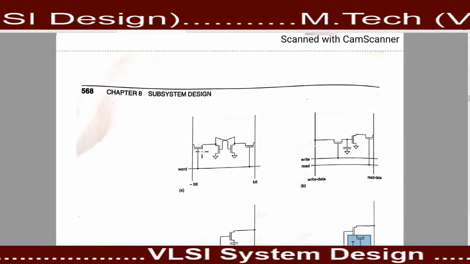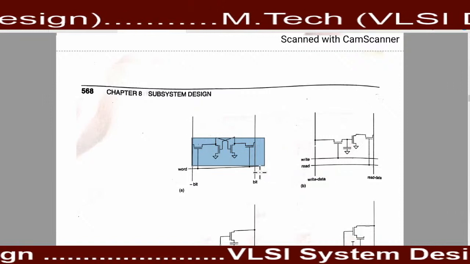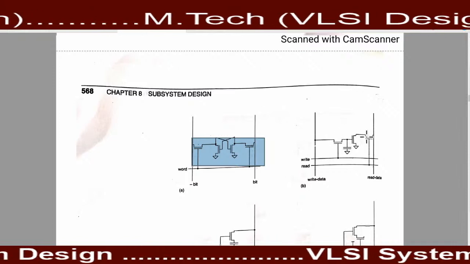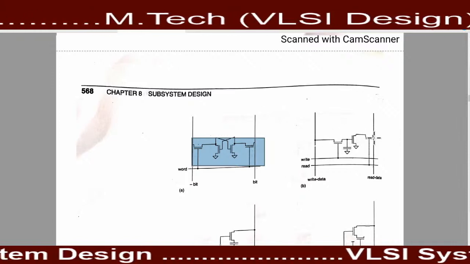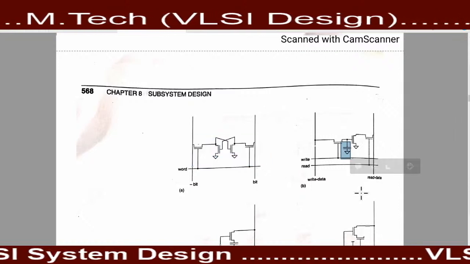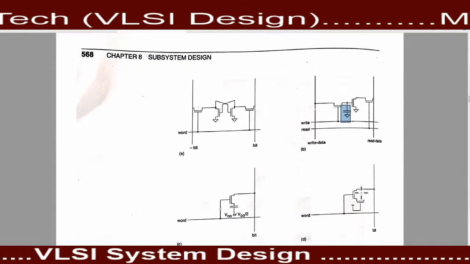Here you can see only four transistors are connected to implement a memory cell. Here you can see three transistors are connected along with a capacitor to make a DRAM cell, dynamic random access memory.